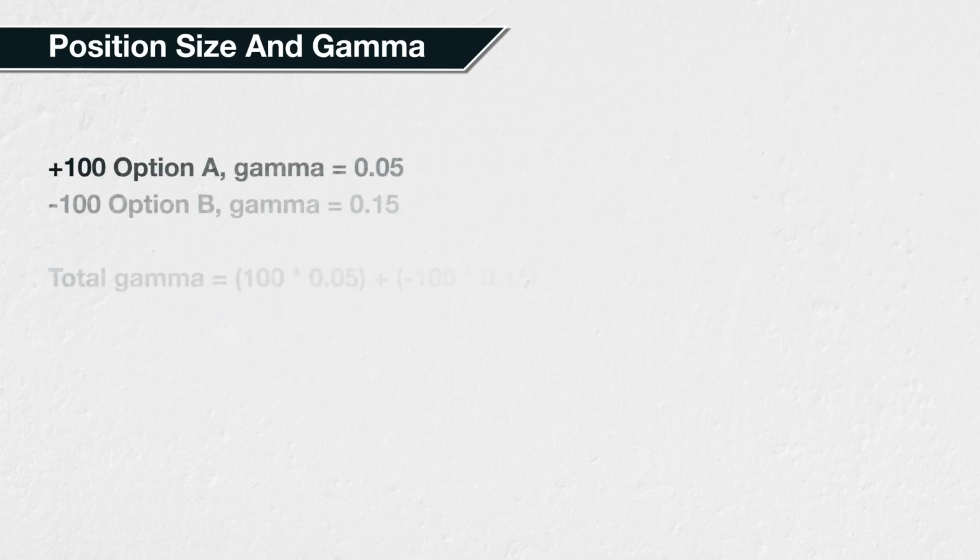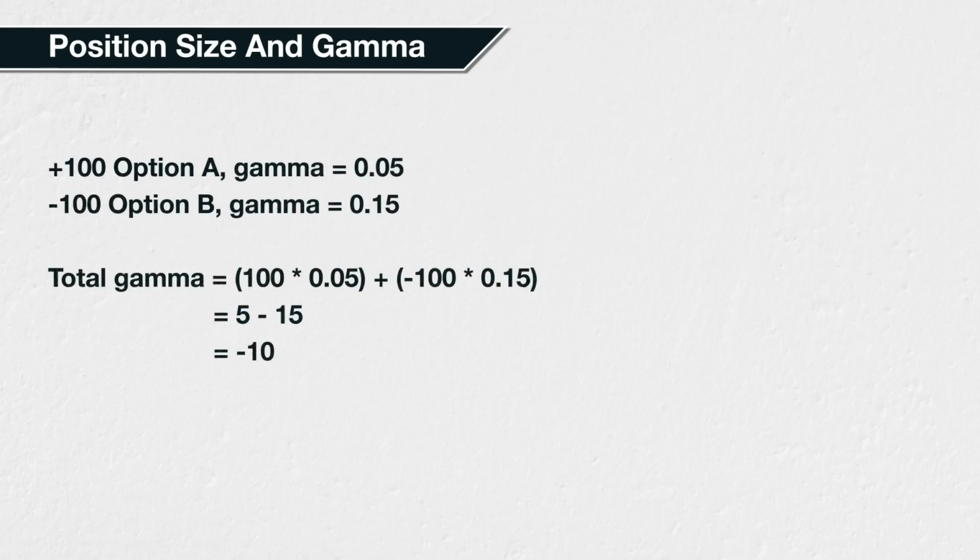And finally, if you purchase 100 options with a gamma of 0.05 and sell 100 options with a gamma of 0.15, the total gamma of your position is minus 10. This is calculated as 100 multiplied by 0.05 plus minus 100 multiplied by 0.15, which equals 5 minus 15, which equals minus 10.